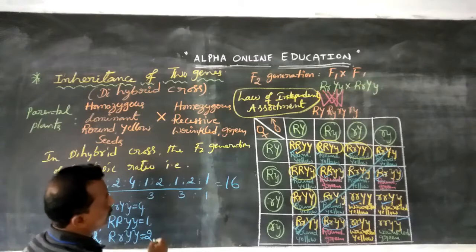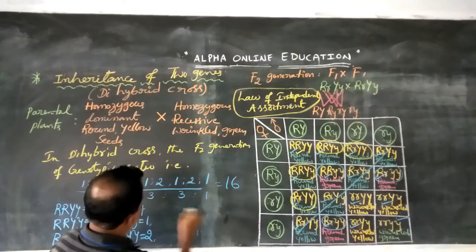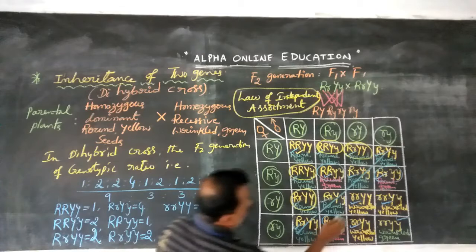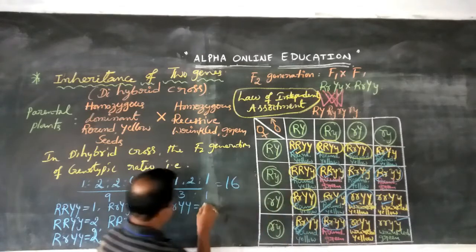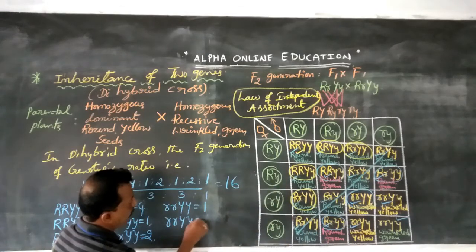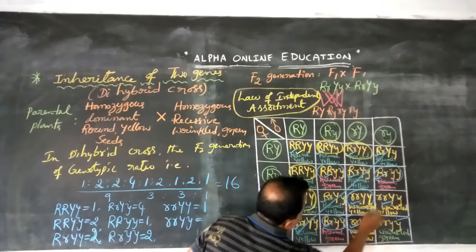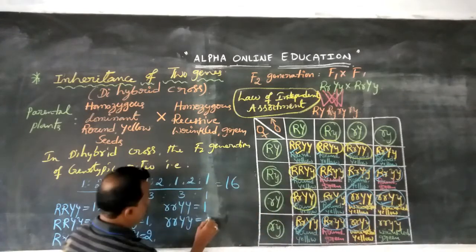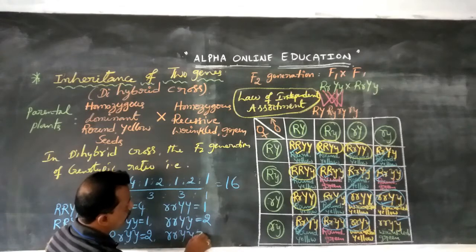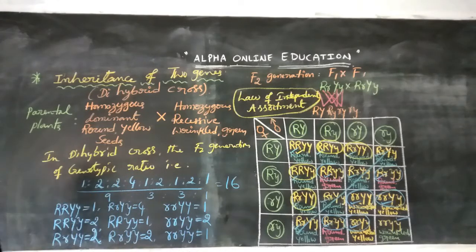Okay, now the next one, small r small r capital Y capital Y. How many? Only 1. Next, small r small r capital Y small y. How many? 2. This one and also this one. Totally 2. The last one, small r small r small y small y. How many? Only 1. So this is the genotypic ratio.